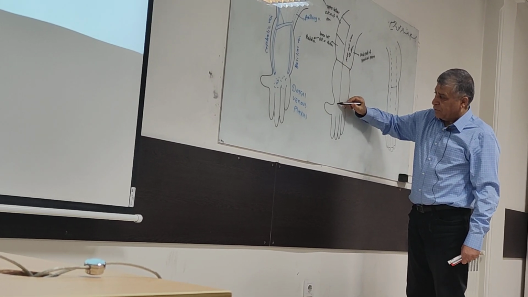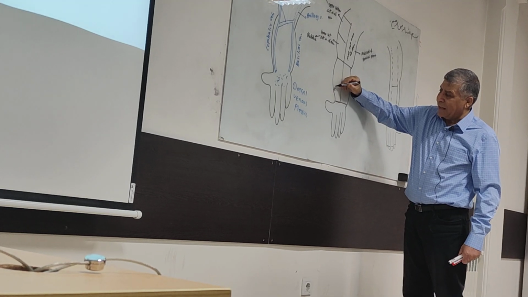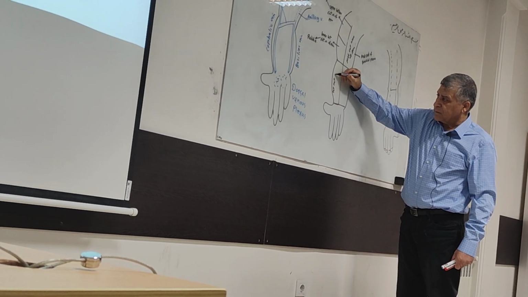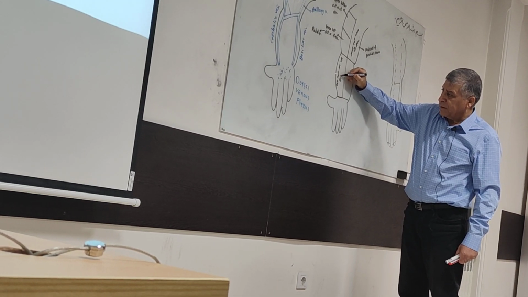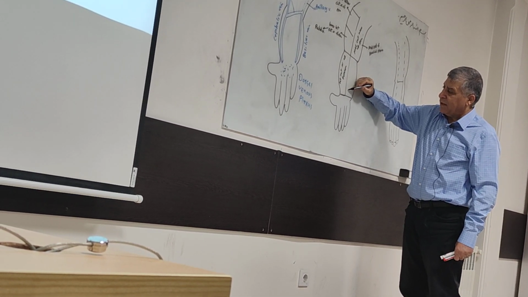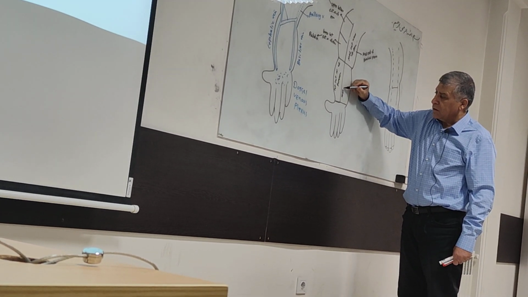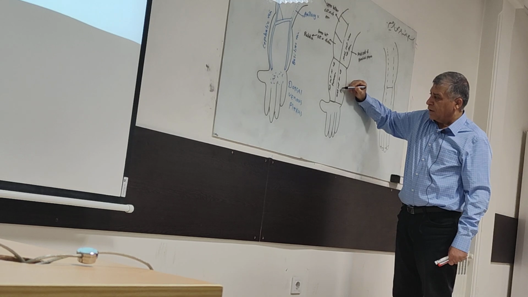Forearm. On the lateral side, it is innervated by the lateral cutaneous nerve of forearm. On the medial side, it is innervated by the medial cutaneous nerve of forearm.